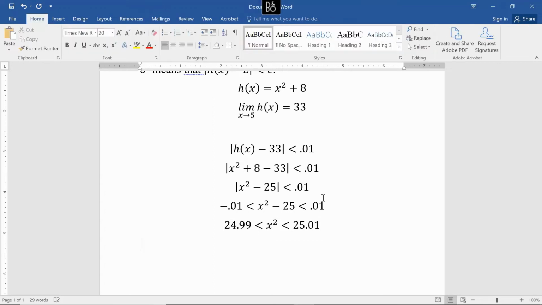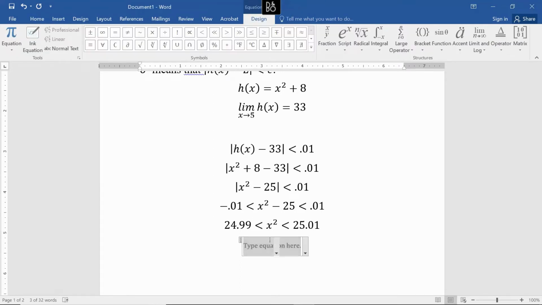Because we're dealing with positive numbers, I can take the positive square root of 24.99 and then the positive square root of 25.01. So 24.99 underneath the square root has to be less than x, which has to be less than the square root of 25.01.